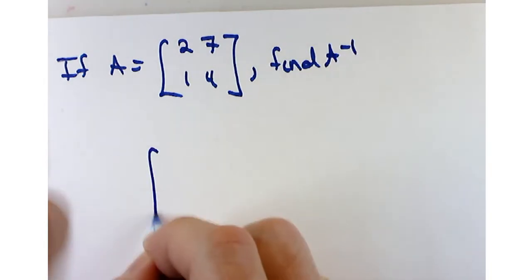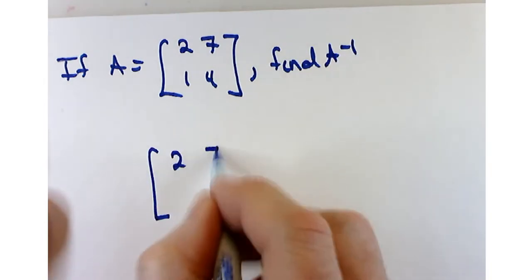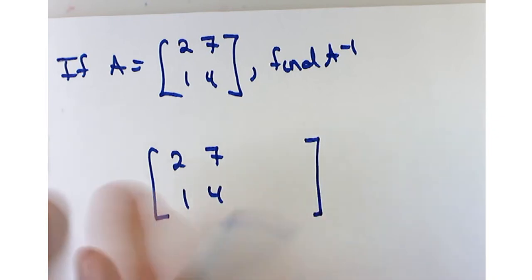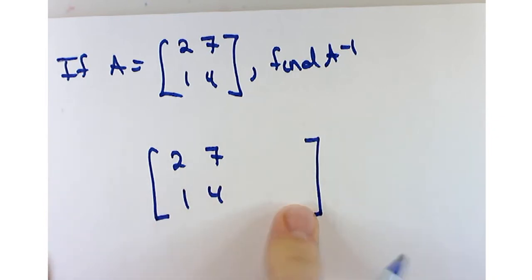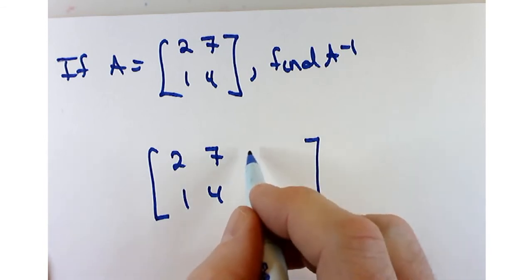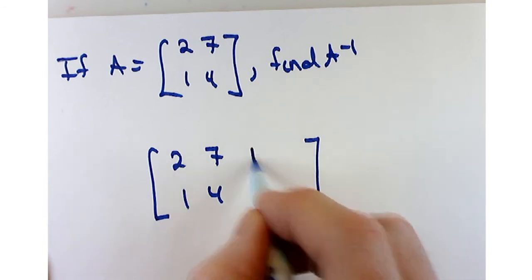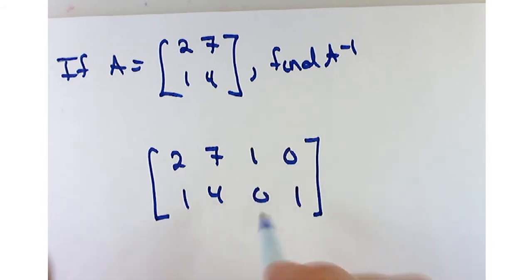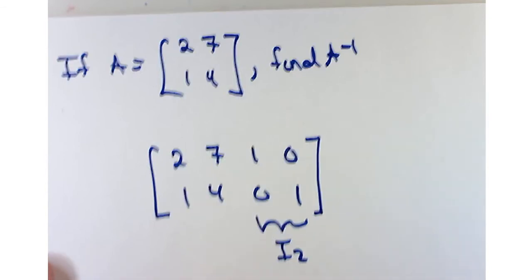So I'll take 2, 7, 1, and 4, and then next to it, I'm going to double the size of the matrix. Next to it, I'm going to write the identity matrix of the same size. So 1, 0, 0, 1. This is just the identity matrix of size 2.